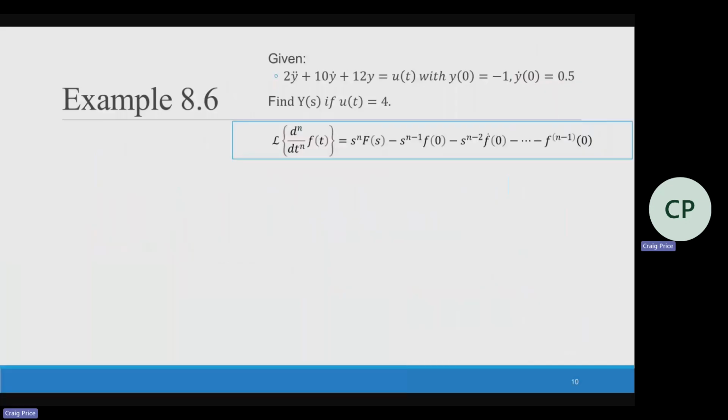So first things first, what should we do with this? Standard form. Nice. To get it in the standard form, what should we divide both sides by? 2. Okay, great. So this is standard form: y double dot plus 5 y dot plus 6y equals u.